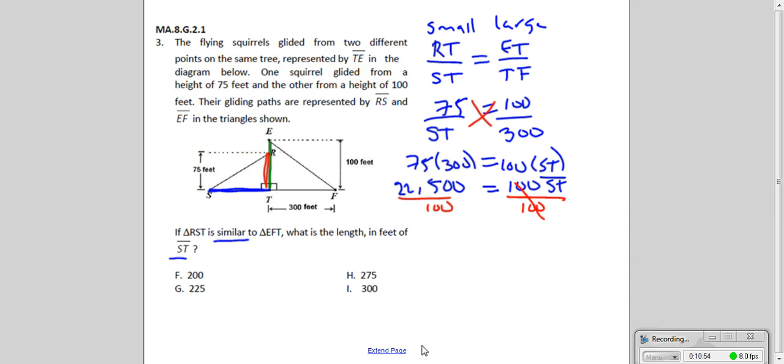These will cancel, and you get left with 225 being the value of ST. And so that's it. Since they asked us for ST, we are sure 225 equals ST, and so we know we've answered our question.